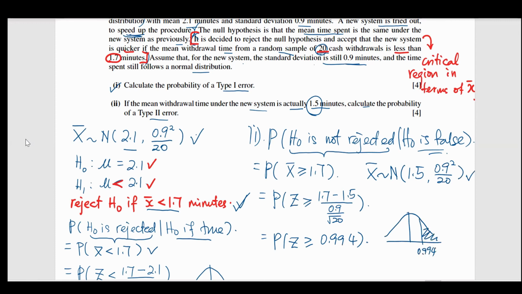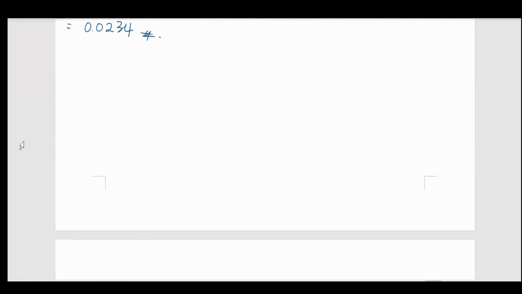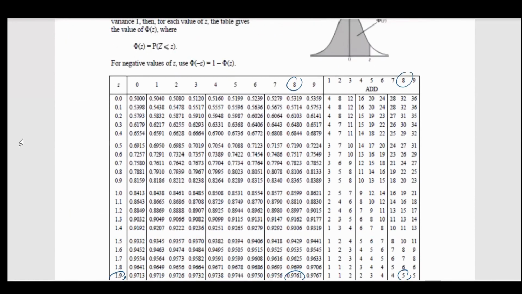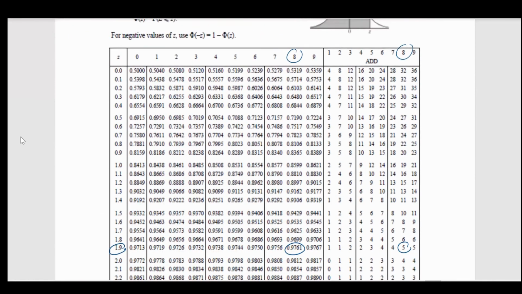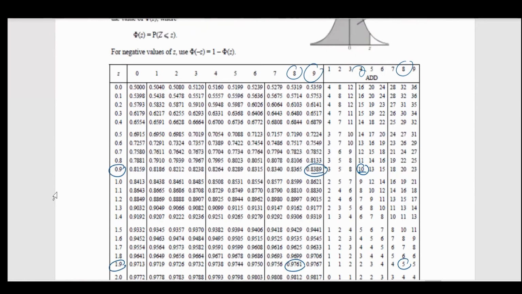And greater than, so this is the region. So same thing, we refer to the table to get to the probability. 0.99 and 4. So this is 0.8389, and 10 also, which means 0.8399.